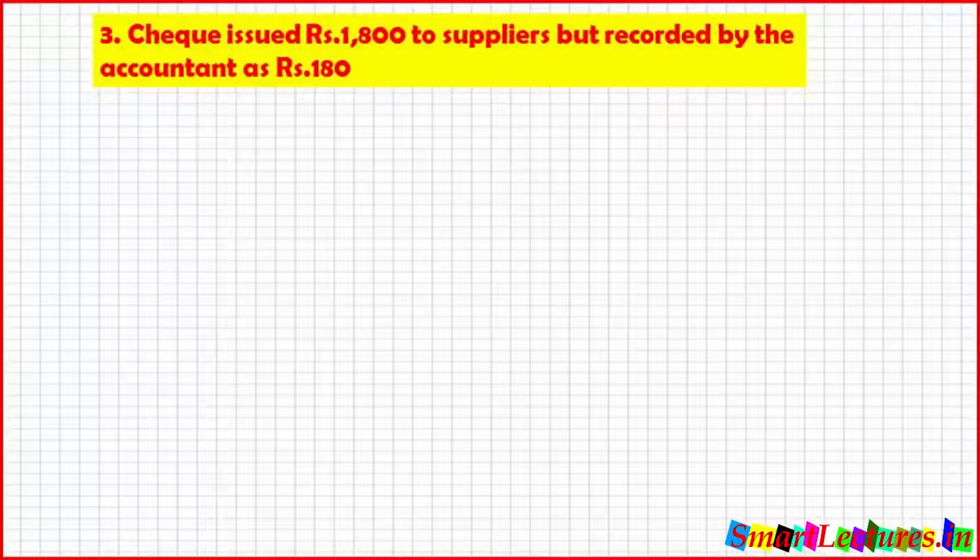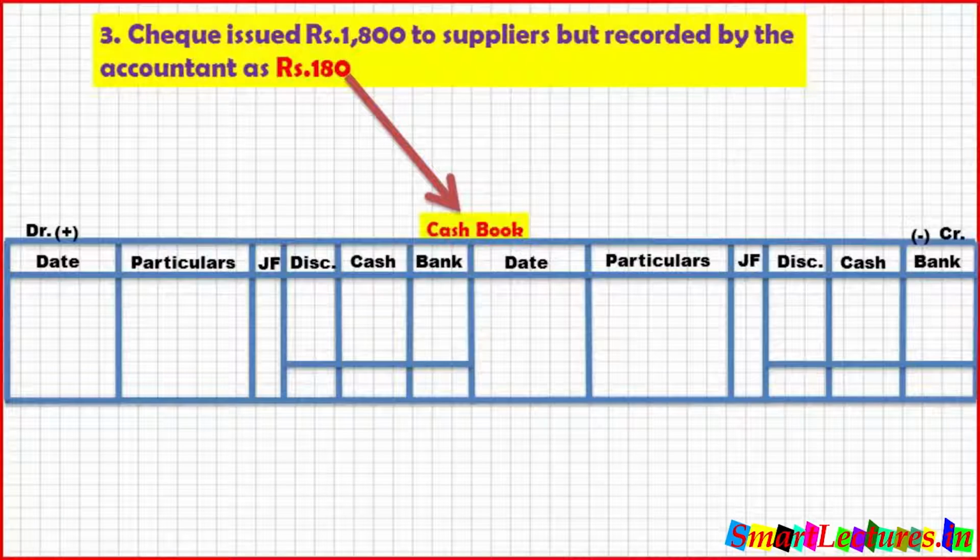Now check issued for 1,800 to supplier but recorded by the accountant of the firm as 180. It means in the cash book it was written down as 180. Be careful. Whenever there is this type of error by the accountant, the trial balance cannot agree. Anyhow, this was the clear-cut error by the accountant of the firm.